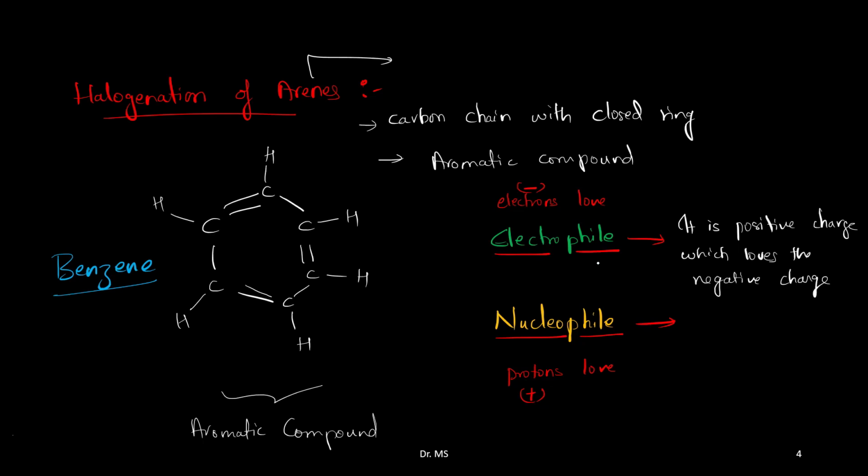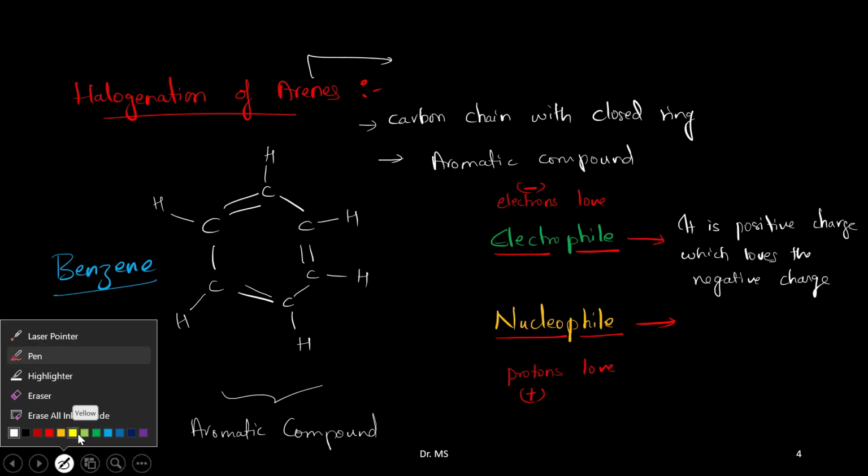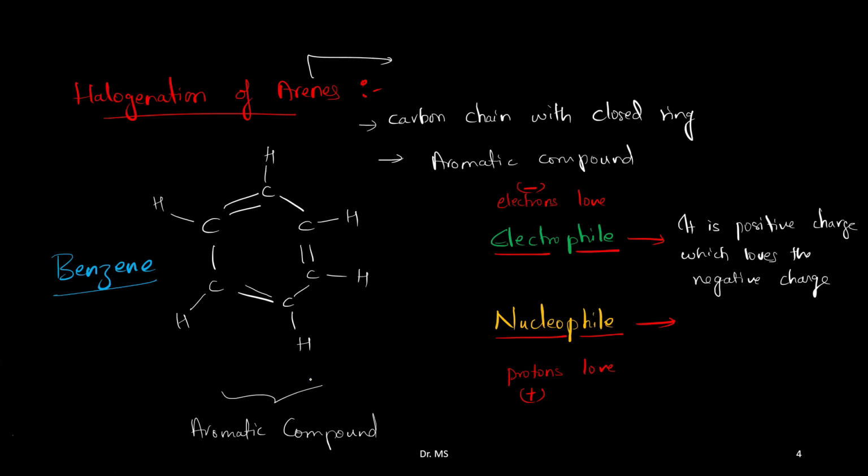Remember this because it is very, very important. Nucleophile means it is loving the positive charge, so it contains the negative charge. It is a negative charge which loves the positive charge.